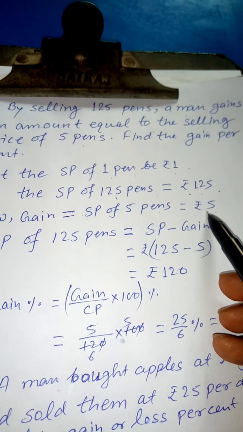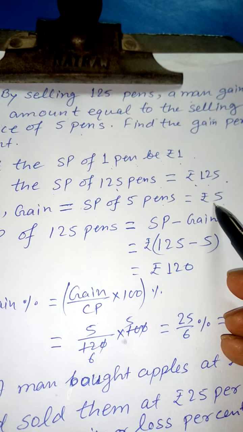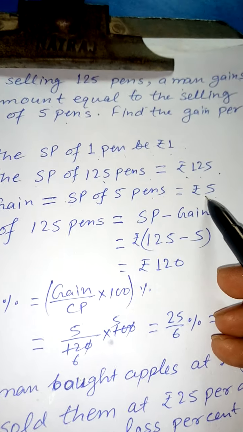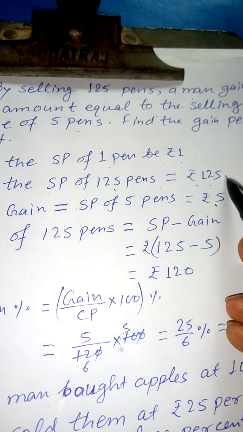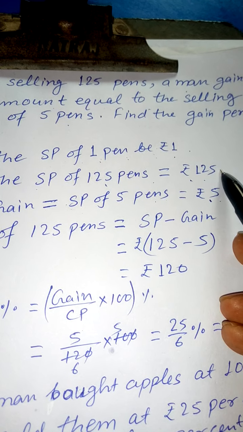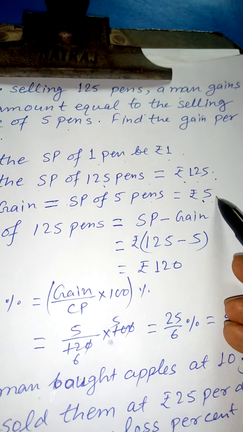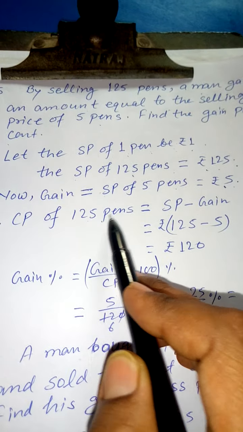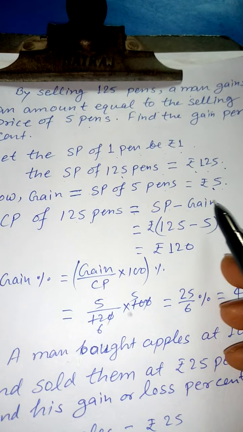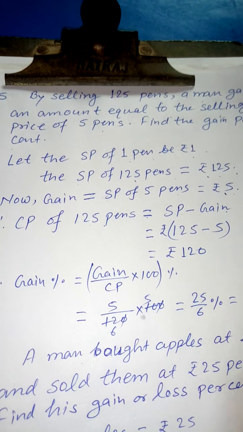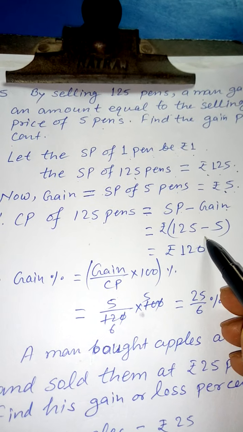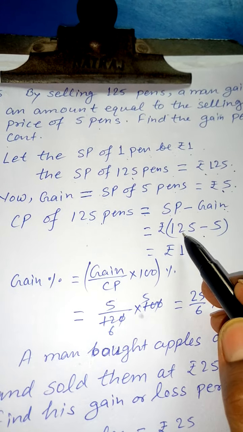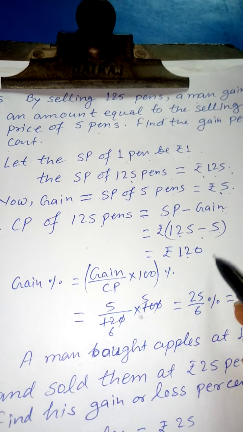And to find out gain percent, we have to find out the cost price of 125 pens. The selling price of 125 pens is 125 rupees and the gain is 5 rupees. So the cost price of 125 pens equals selling price minus gain. It means you have to find out the cost price first. So cost price is selling price minus gain, 125 minus 5, that is 120.